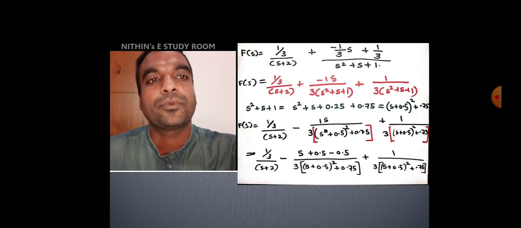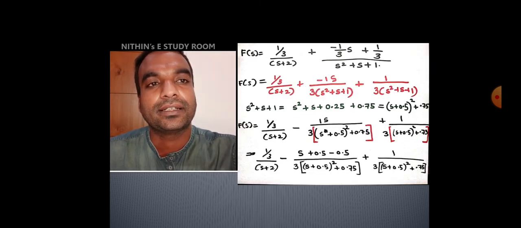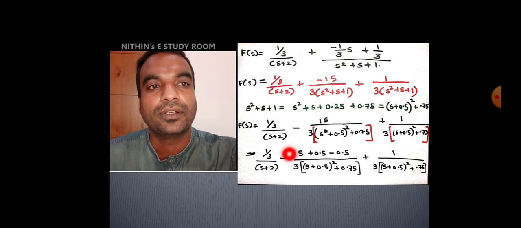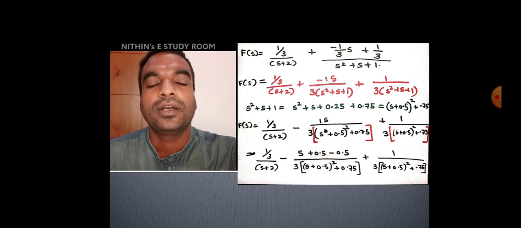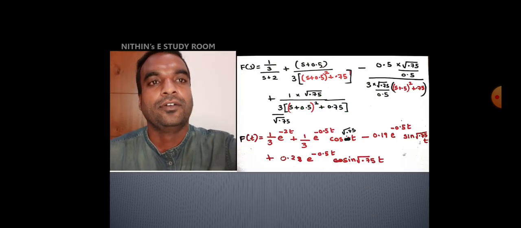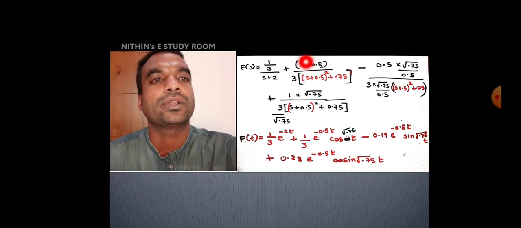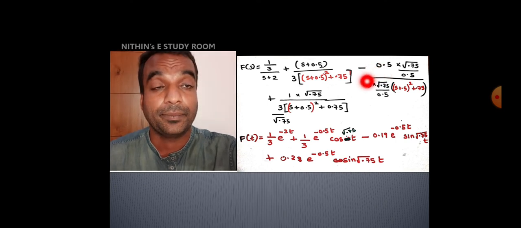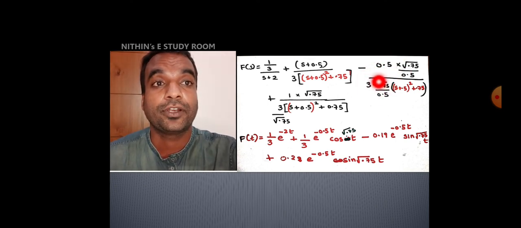In the next step I am going to split this term into two terms, because I need only s plus 0.5 here. This minus 0.5 I don't need. So I am splitting it again. First term, no change. Second term, s plus 0.5 only I have taken. Minus 0.5 I made a new term, minus 0.5 by the denominator.